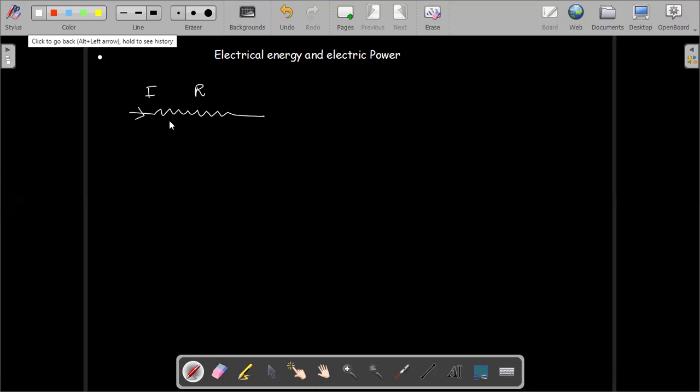So we can obtain the amount of electrical energy using different formulas. We can also state it using Joule's law of heating.